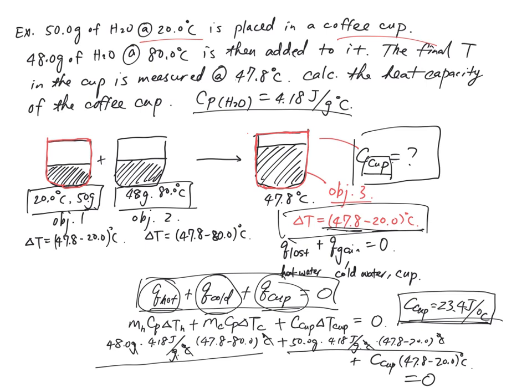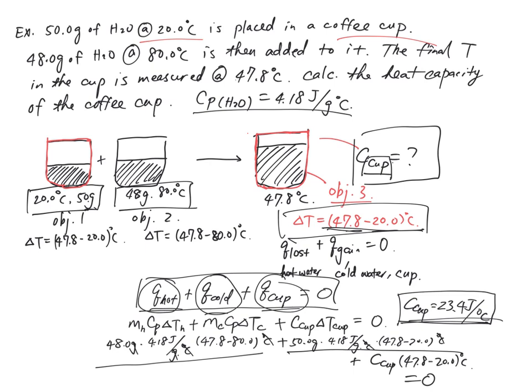Now, so really at this point, if thermal properties are provided, it doesn't really matter how many different objects you have in a given insulated system. Within this system, everybody's total heat eventually equal to 0.